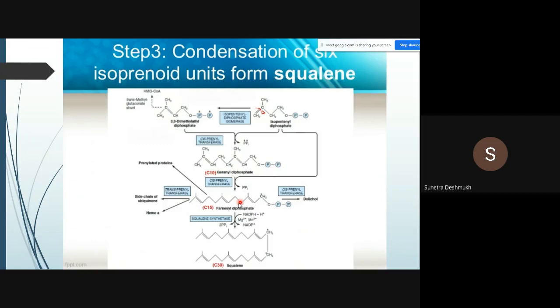Now we have C15 farnesyl diphosphate from geranyl diphosphate and 1 isoprene unit. Next we condense 2 moles of C15 farnesyl diphosphate in the presence of NADPH to get this C30 squalene molecule.